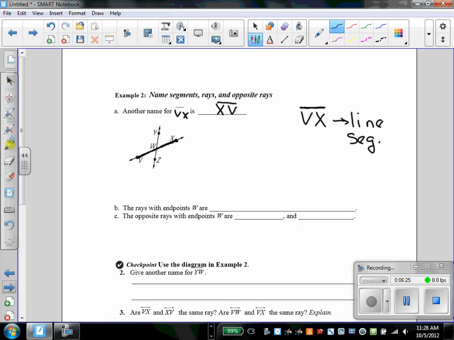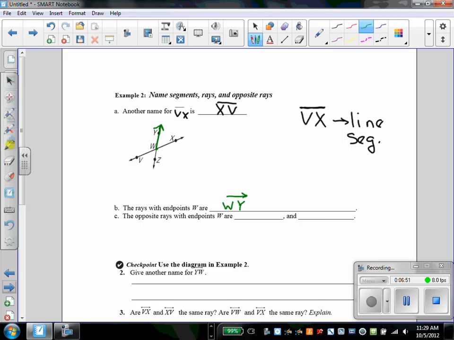Now I'm on letter B. It says the rays with endpoints W are... Let me erase this. Here's the W. A ray is going to go this way through W, Y, so one of the rays is WY, and notice I've always put the ray symbol to the right.